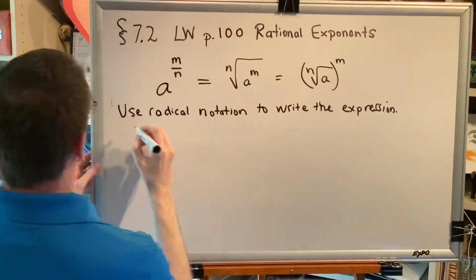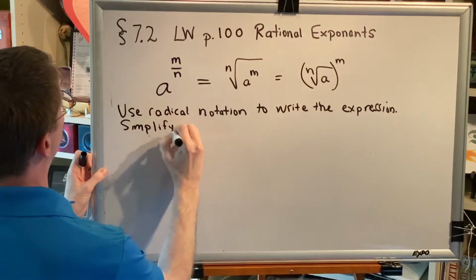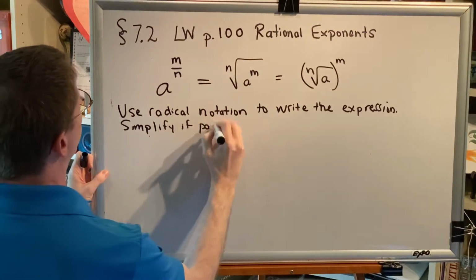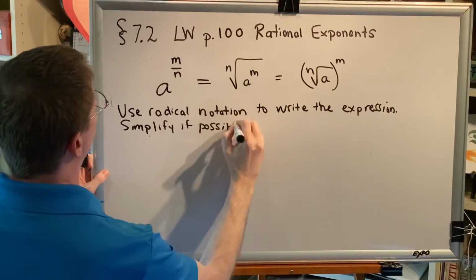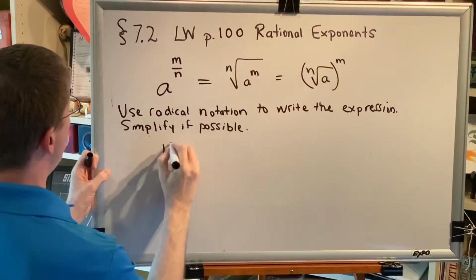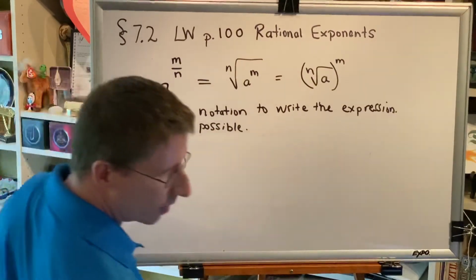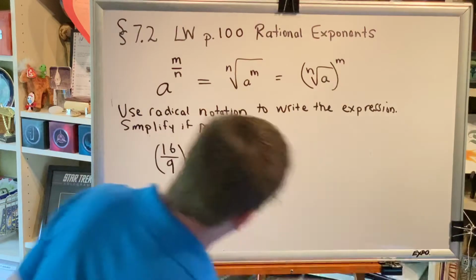Simplify if possible. We're given 16/9 raised to the 3/2 power.